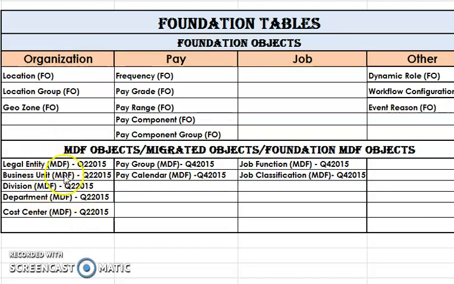In quarter 2 of 2015, all these five objects were migrated to MDF. So that is about the organization. Location group and geo zone are still part of foundation data, and in future they may be migrated to MDF.